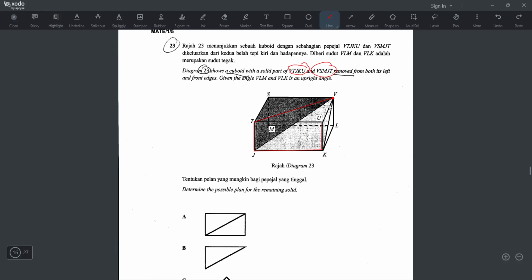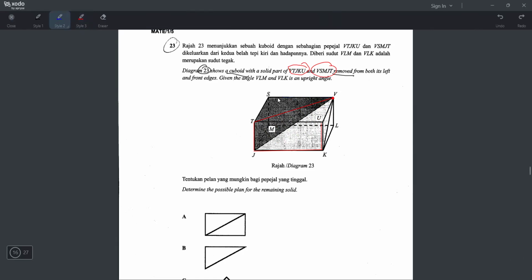Wait, does it mean that they want to remove this whole thing? Is that what they meant? Am I understanding this question correctly? So the cuboid solid part. Okay, it's okay. Let's see the VSMJT first.